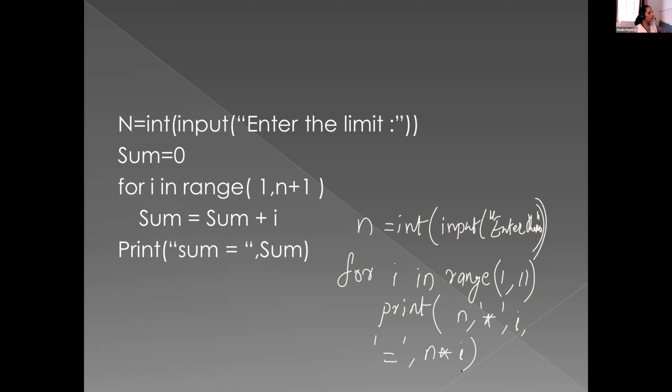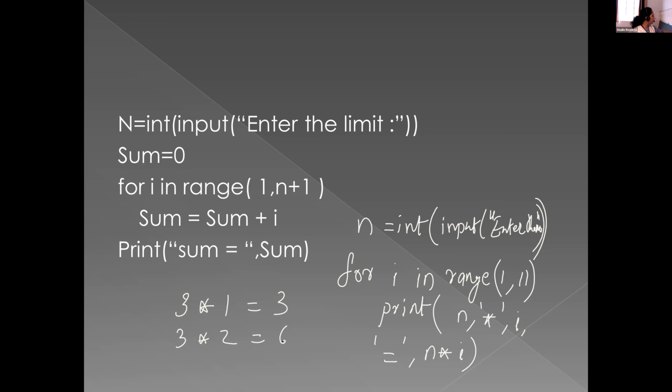Is it clear? You have to print like 3 into 1 is equal to 3, 3 into 2 is equal to 6, just like that. First, we write the table name. If you want to display the table of 3, then n is displayed here.